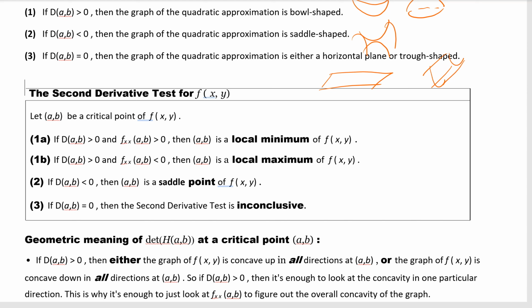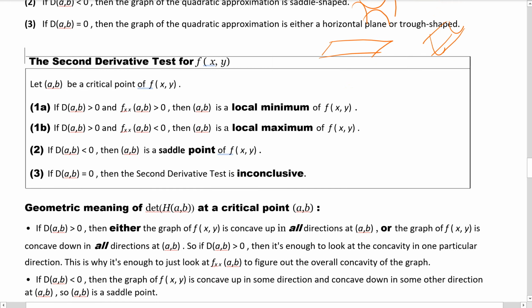Let's listen to this rule; I will tell you how to understand or memorize this. If D is positive and fxx is negative, then the point (a, b) is a local maximum. If D is negative, then (a, b) is a saddle point. If D is 0, then the second derivative test is inconclusive.